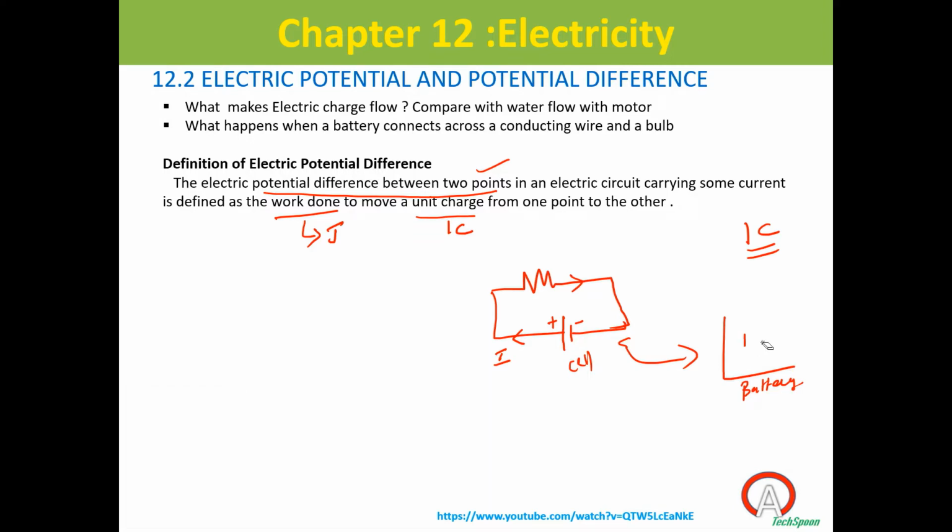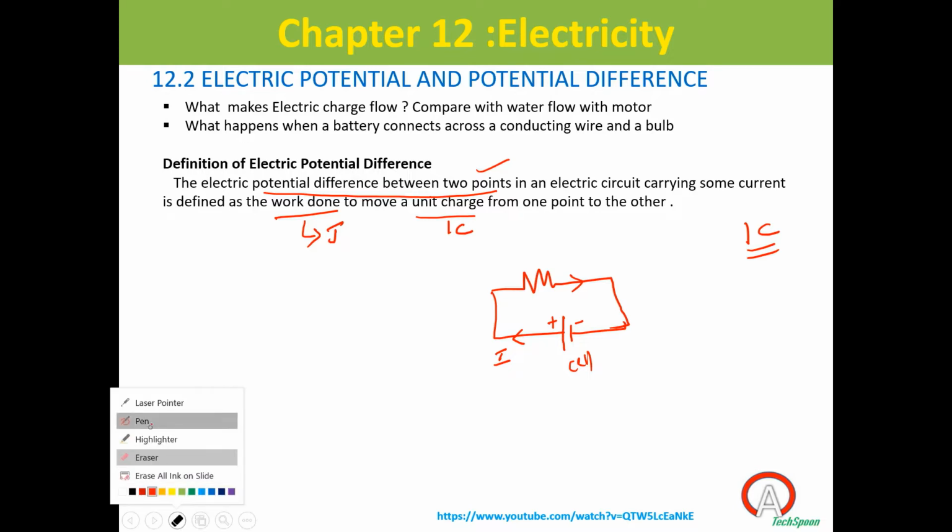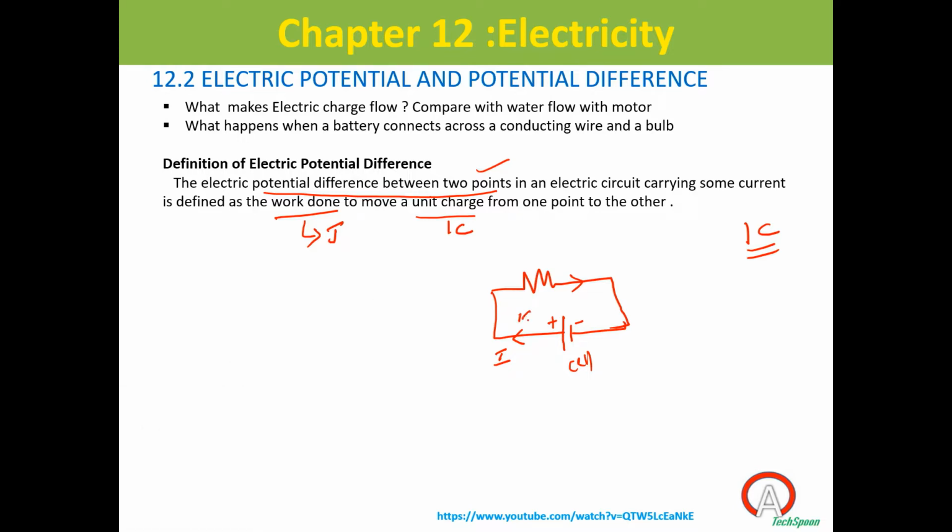Let me explain. For moving 1 coulomb of charge from the positive terminal to negative terminal, I need an amount of energy, or I need to do a certain amount of work. That is called as what?